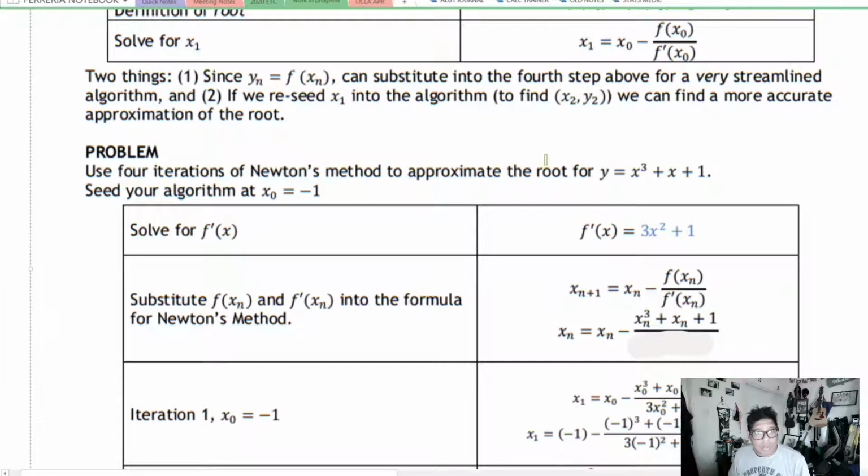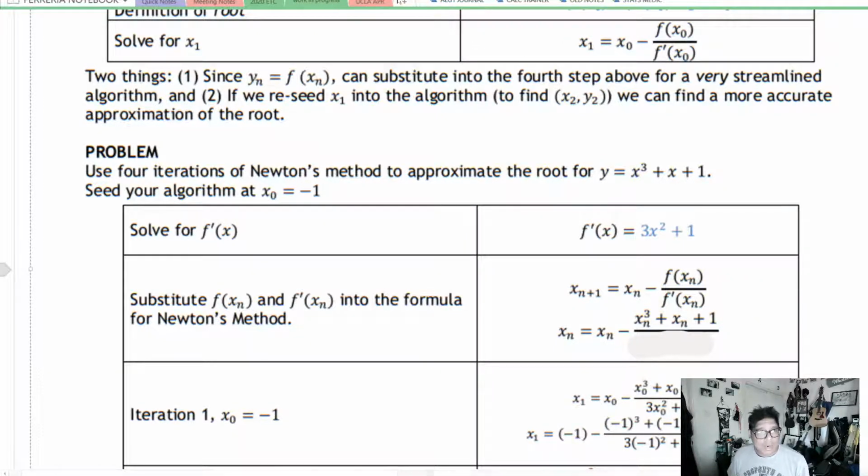The next thing we're going to do is take our formula here, which is the same formula that you see up here, and substitute values in. Now we know that f of x is x cubed plus x plus 1. That's this right here. So that's what we're going to substitute down over there.